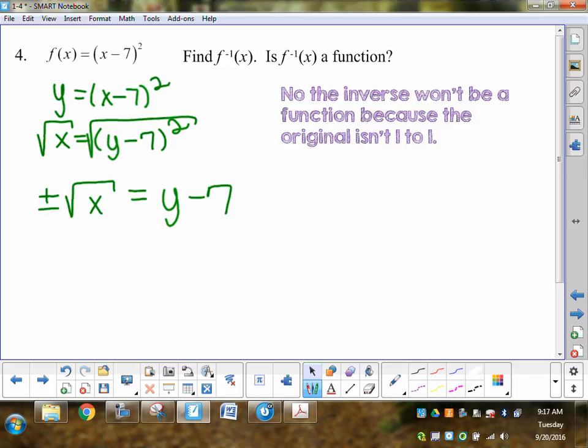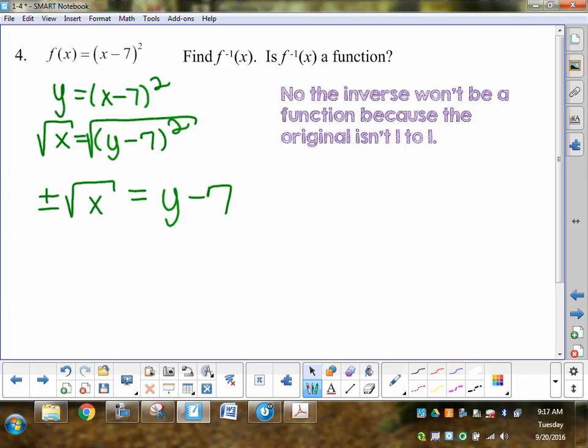The reason being, when you're taking the square root of a number, there's a positive root and a negative root that you need to accommodate for. If I told you a number squared equals 25, and you only said 5, would you be right? No. What other number squared gives you 25? Negative 5.